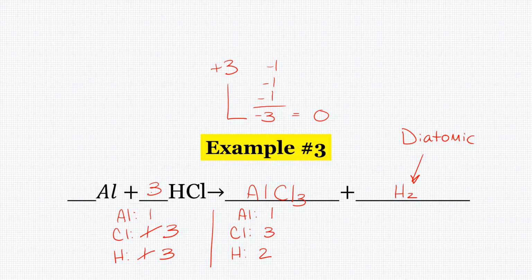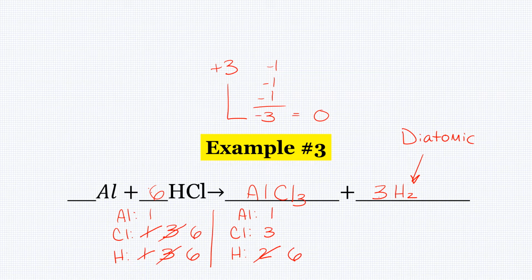So to correct this, I'm going to go back and change this now from a 3 to a 6. So now I have 6 chlorines and I have 6 hydrogens. And then to balance that, I'm going to put a 3 on the right side, my product side. So now I have 6 here. Okay, but I have 6 chlorines on the left and I need 6 on the right.